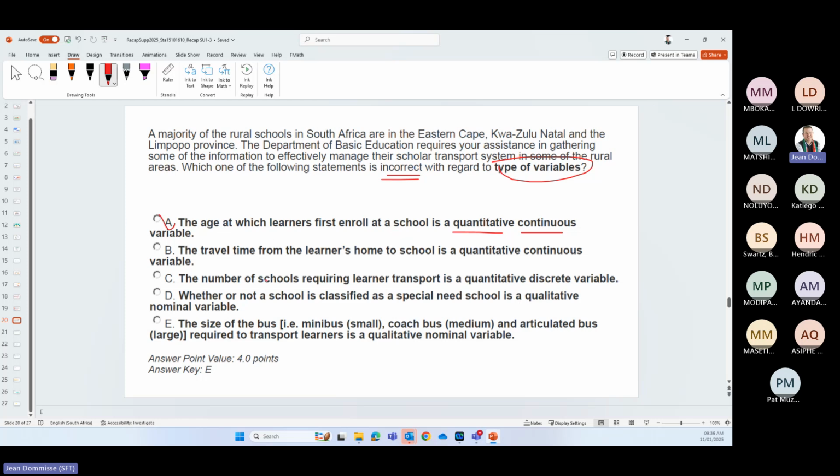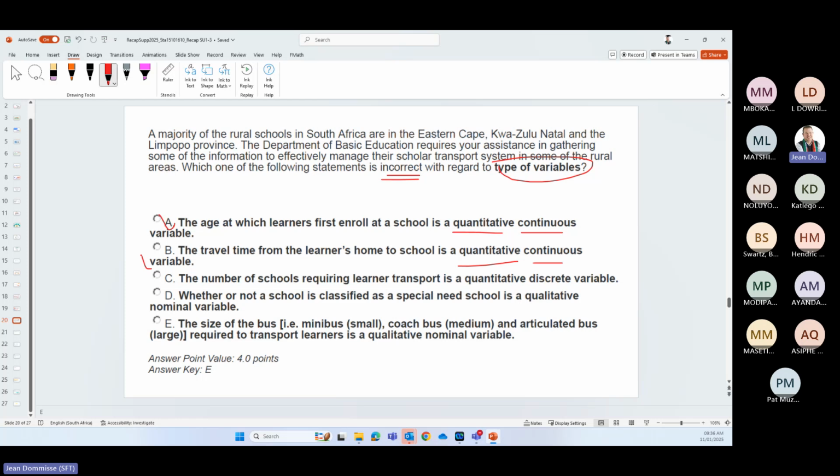The same would be for something like distance as well. So the travel time from the learner's home to school, quantitative continuous. Yes, because again, my child might take 1 hour, 15 minutes, 20 seconds. Your child might take 30 minutes and 20 seconds. So again, that is a continuous measurement.